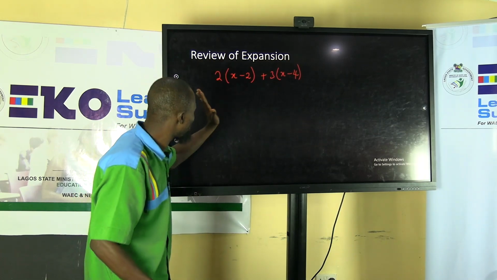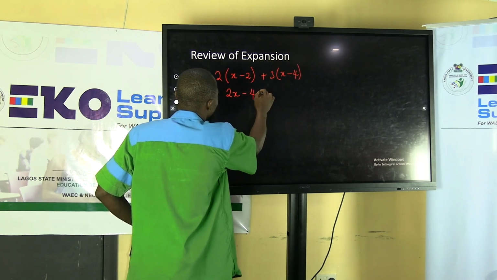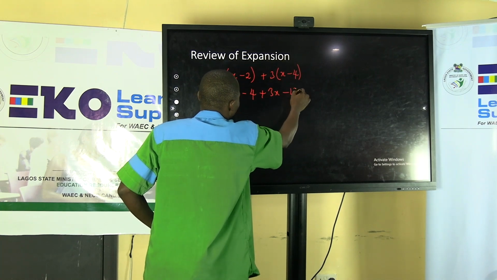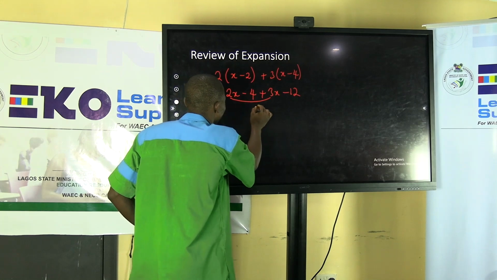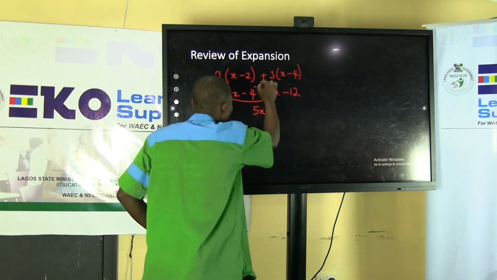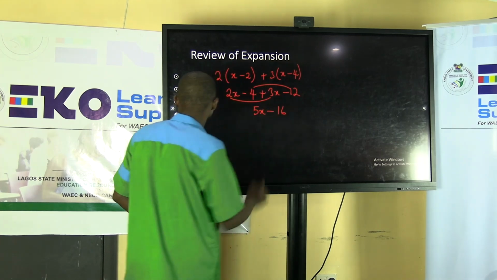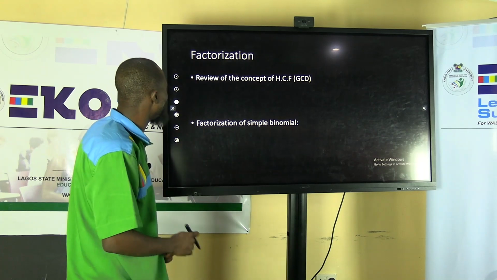You just multiply out, and we have 2x minus 4 plus 3x minus 12, and you collect like terms here, which is 5x minus 16. So recall that. We'll be using that in our journey today.